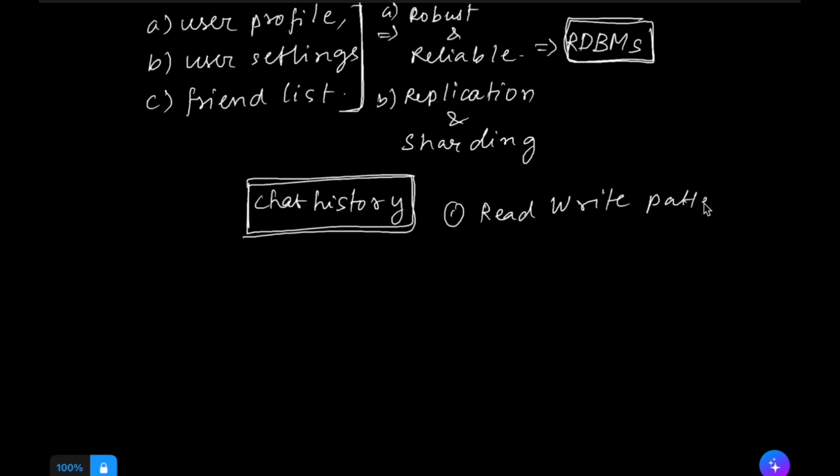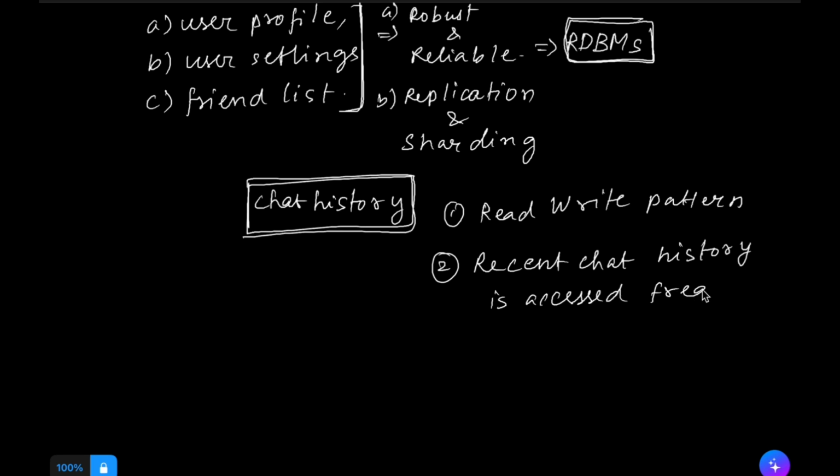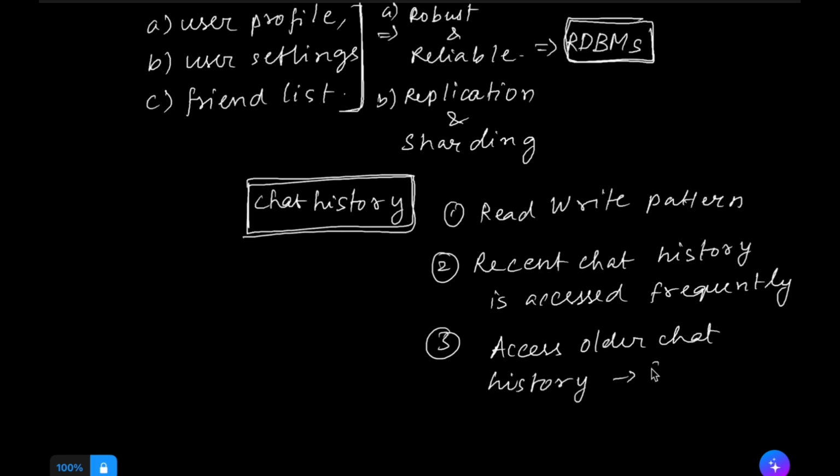For applications like Facebook and WhatsApp, 60 billion messages are handled every day, and we access the recent chat history frequently. But the older chat history can also be accessed, using the search bar or mentions, etc.